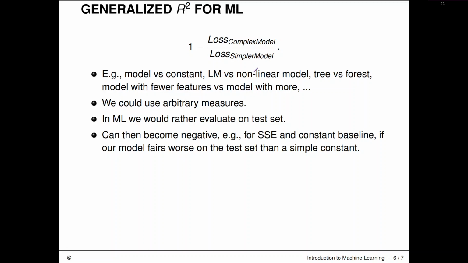Of course, in that situation, our regression model is basically worthless, right? It predicts really badly, but numerically we could then observe a negative value here. Like I've said, we would immediately throw our regression model away in that case, because it would perform even worse than a super simple constant model.